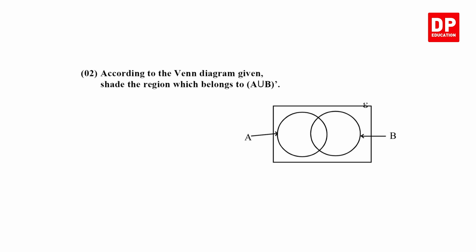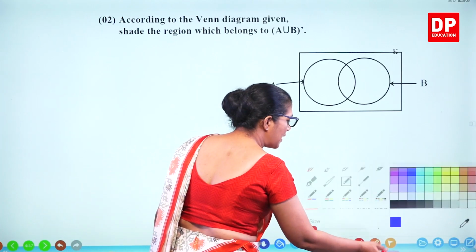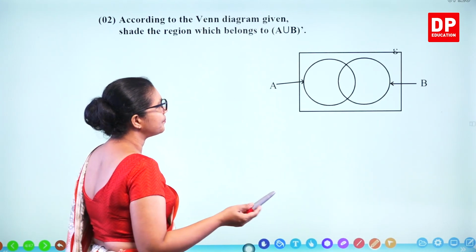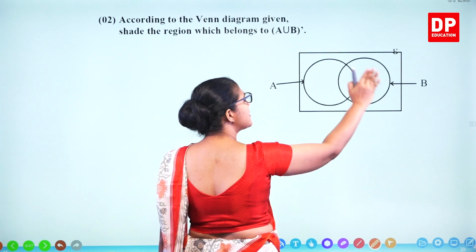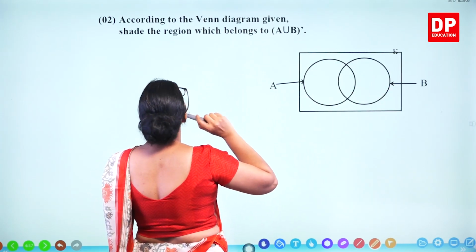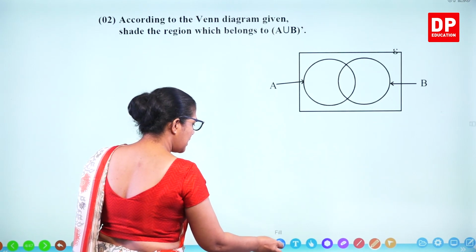Question number 2. According to the Venn diagram given, shade the region which belongs to A union B dash. That means complement. Complement means everything outside. A union B is inside the 2 circles, so you need to shade the outside.